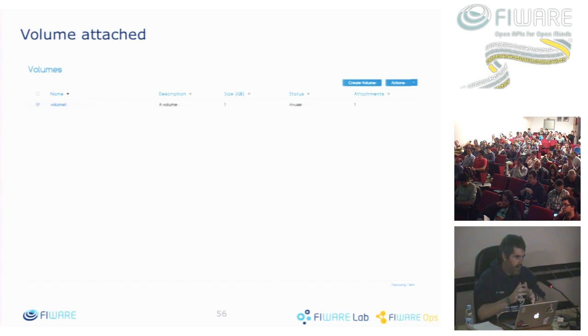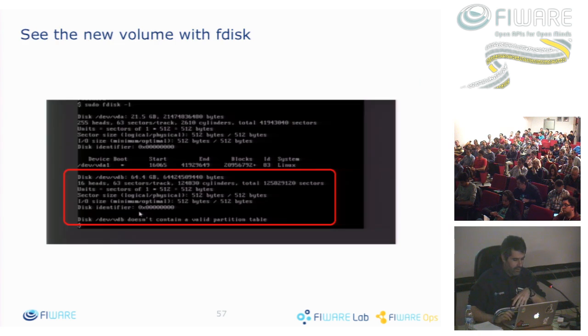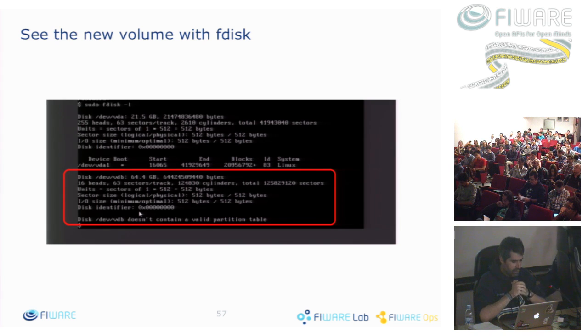In fact, the file system is not configured. You have to go into the virtual machine in order to finalize the process. What do you have to do there? If you go to the virtual machine and execute fdisk, you can see that there is a specific disk, /dev/vdb, that is not mounted. You need to mount the new component.